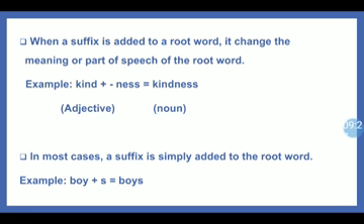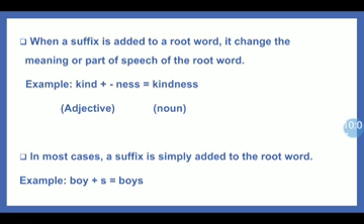If I add the suffix N-E-S-S, ness, to it, I am going to get a new word, kindness. Well, the word kindness is a noun. So there are times when you add a suffix to a word and the new word has a totally different part of speech.